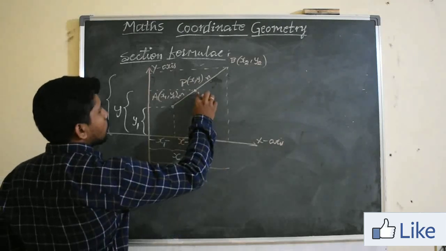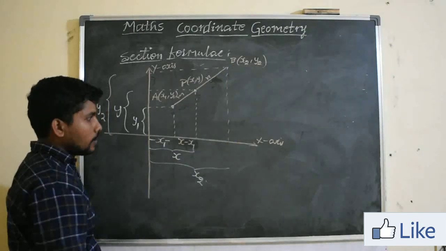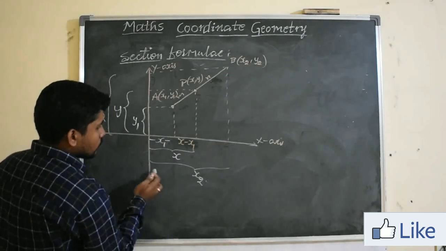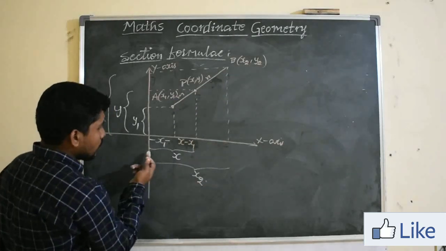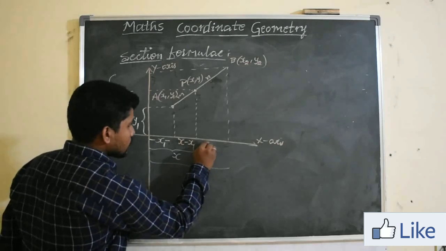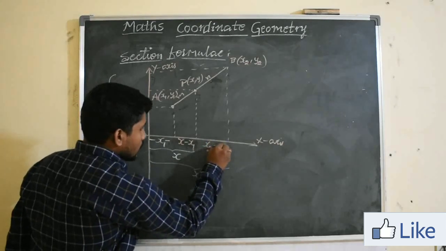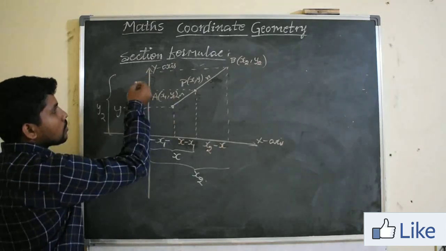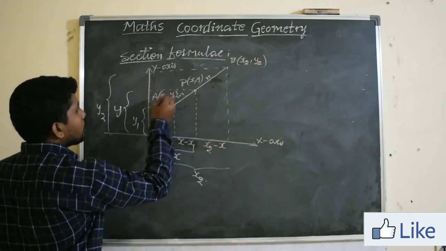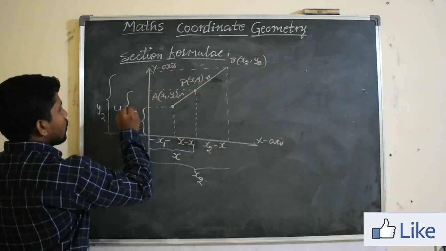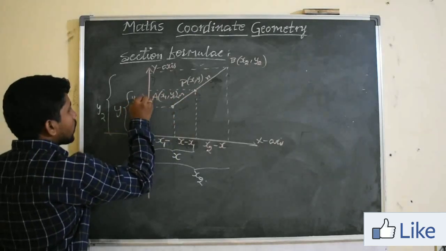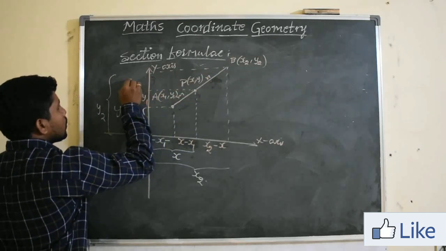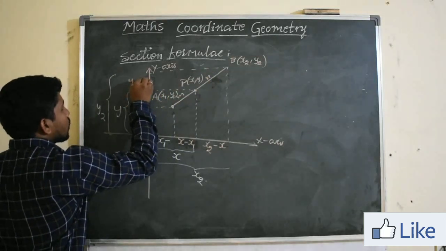In the same way, for the projections of P and B, the distance between these two will be calculated. As we know the total distance here is x2 and the part of it is x, the remaining distance will be x2 minus x. In the same way, on the y-axis projection, the gap between A and P is y minus y1, as well as the gap between P and B is y2 minus y.